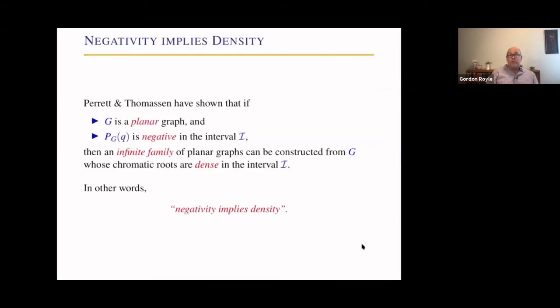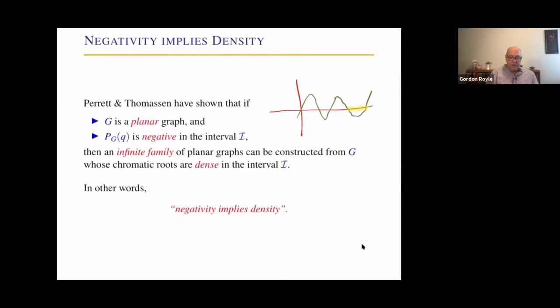They showed a beautiful result, which is that if you can find a planar graph, we're going to plot its chromatic polynomial. If you can find an interval of the real line where the chromatic polynomial is negative, then you can fill in that region with the chromatic roots of other graphs constructed from your planar graph.